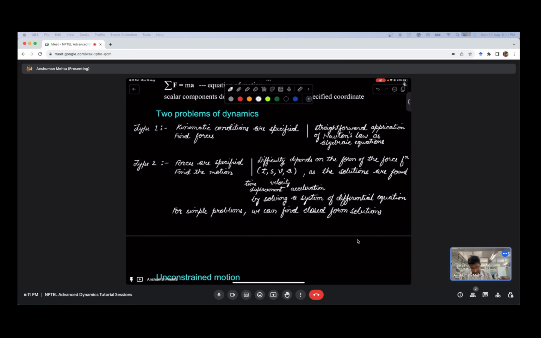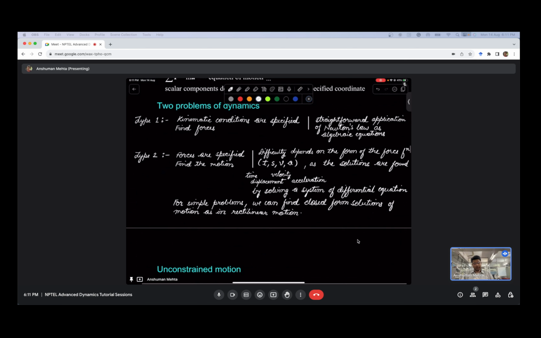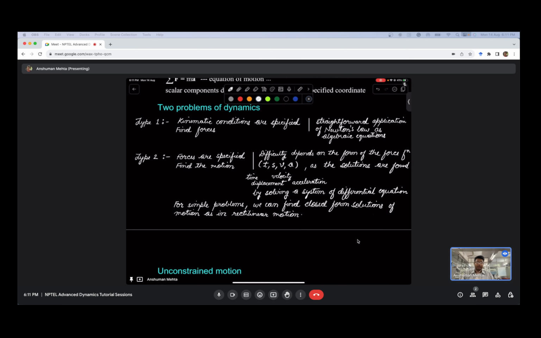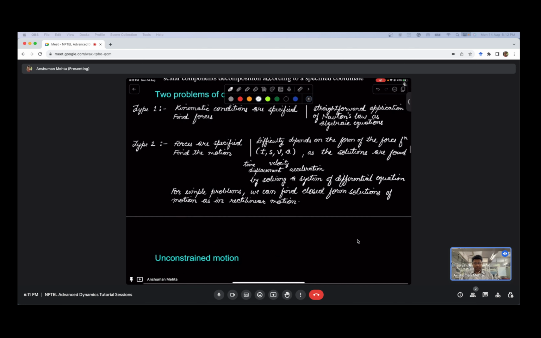But the problem becomes very hard when these functions are nonlinear in time as well as space. Then there is no closed form of the solution, and we have to resort to numerical methods.